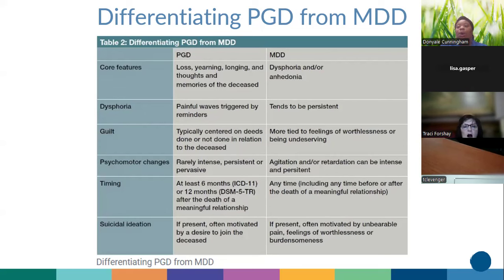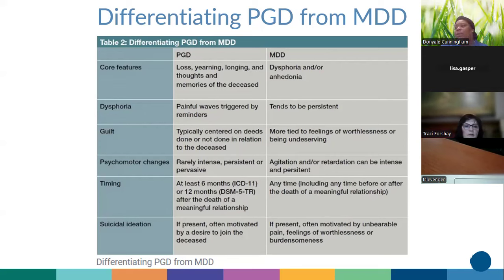This is typically centered on deeds done or not done in relation to the deceased. Whereas with major depressive disorder, guilt is more tied to feelings of worthlessness or being undeserving. So, as we know, major depressive disorder and prolonged grief disorder have a lot of similarities, but when you look at different features, they both pose their differences here.